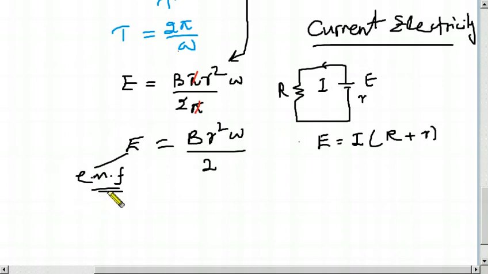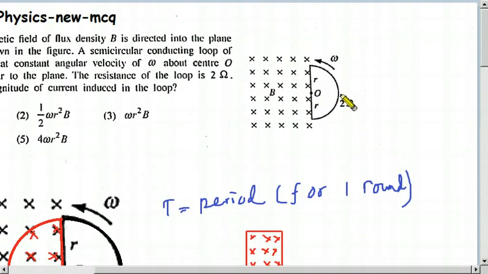It doesn't matter what the source is, we have an EMF. Here also there is an EMF, a resistance of 2 ohm, and a current. What they ask is the induced current. So along this loop there will be a current I, that is what we have to find out.